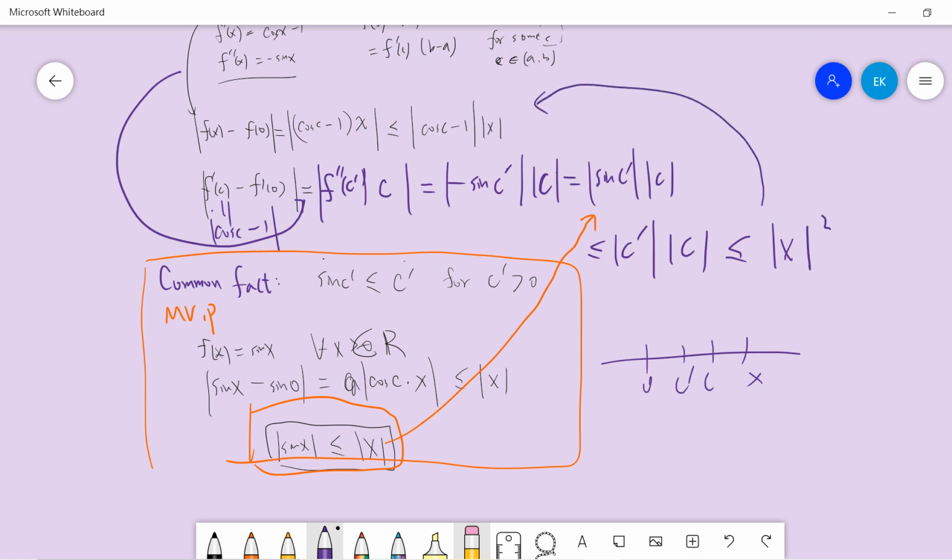Plug back into this, you get smaller than x cubed. So we prove that the absolute value of sine x minus x is smaller than x cubed by an analytical way. And since this function is an odd function, you can change x to minus x, and all the inequalities and proofs are exactly the same. So the third statement is true.